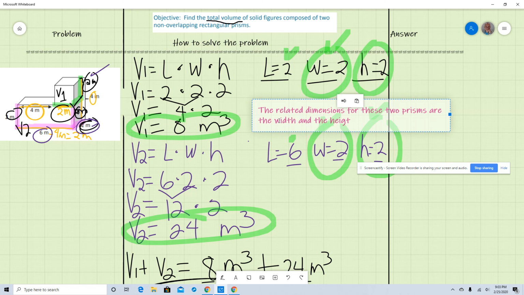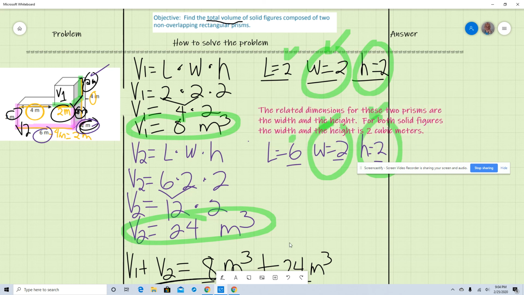So for both solid figures, the width and the height is 2 cubic meters. Let me write it down, cubic meters. Okay, those are the related dimensions.